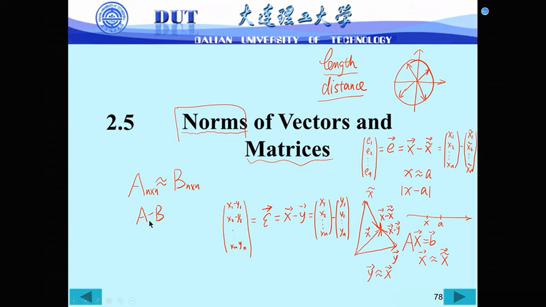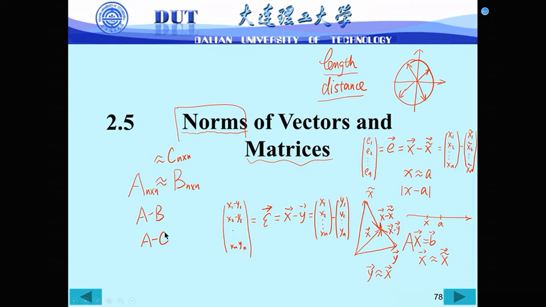Or we use another matrix C to approximate A. Now we also have the error matrix A minus C, and this error is A minus B. Which one is better, B or C?